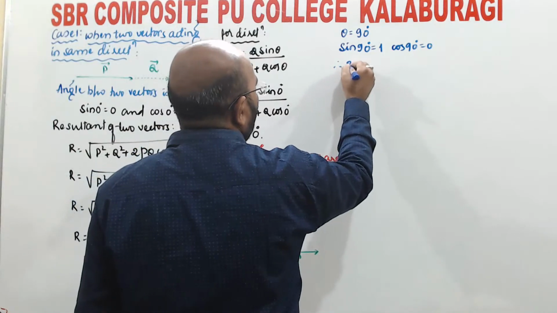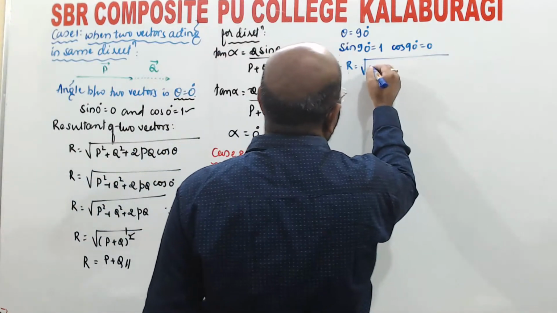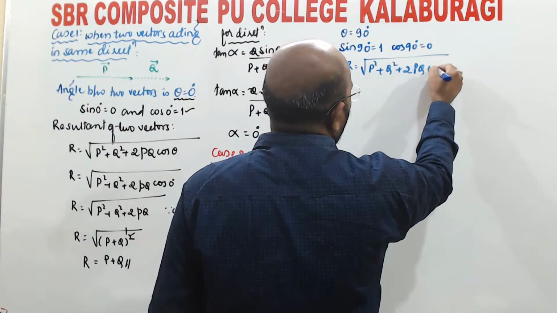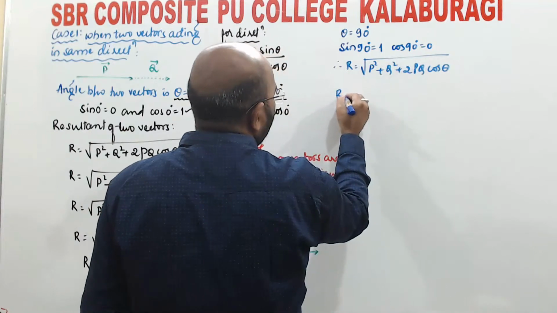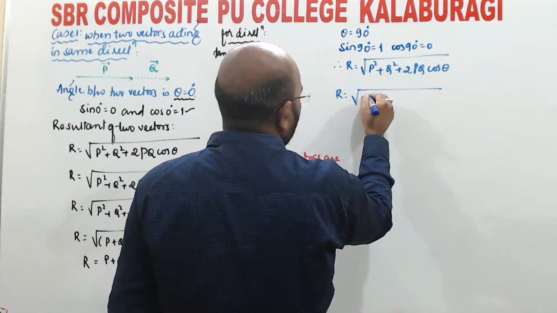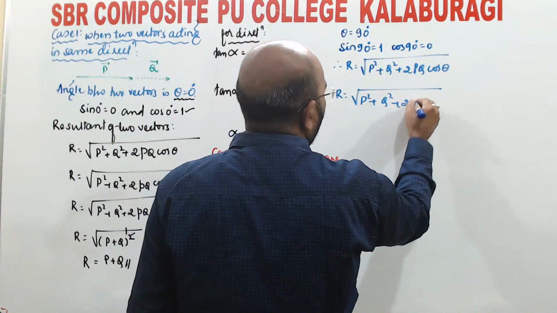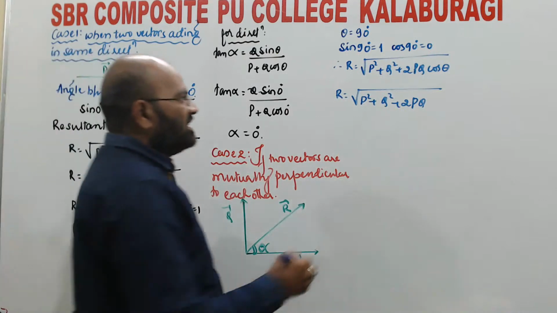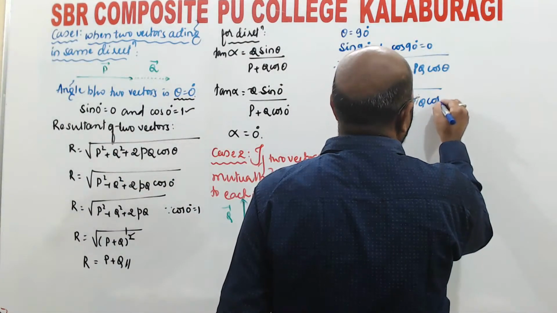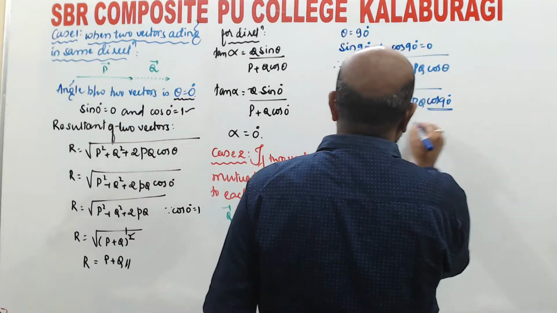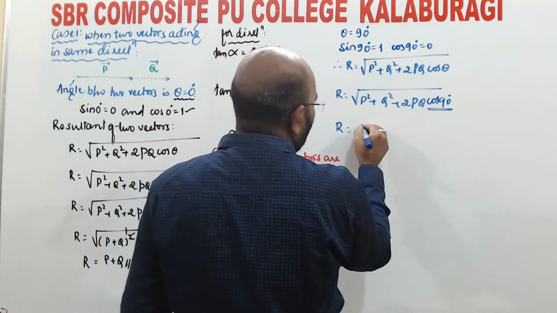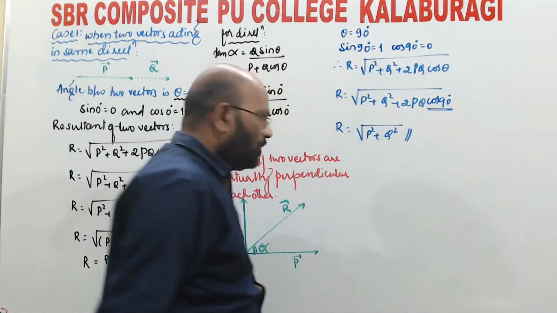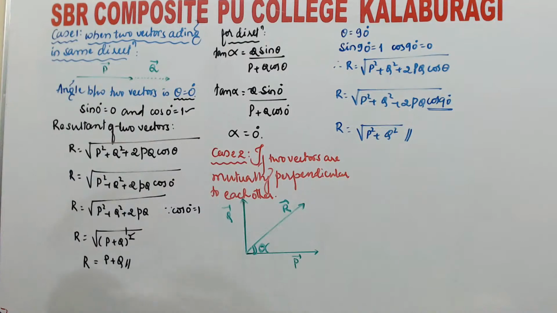Therefore, the resultant R is equal to under root of p square plus q square plus 2pq cos theta. Since cos 90 is 0, the resultant is under root of p square plus q square, when two vectors are acting mutually perpendicular to each other.